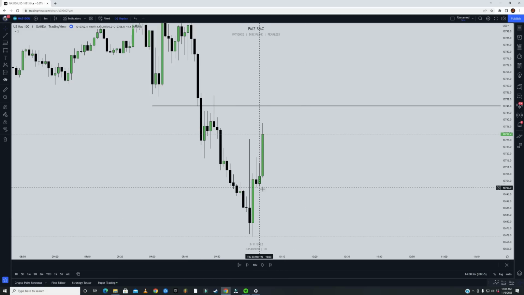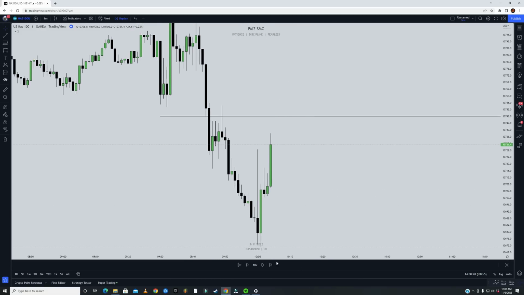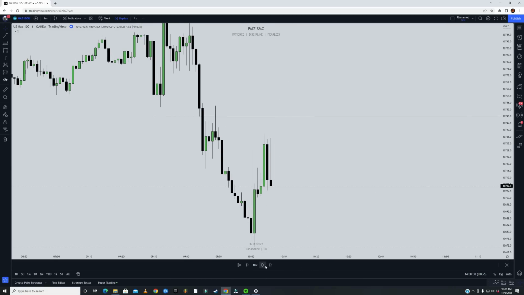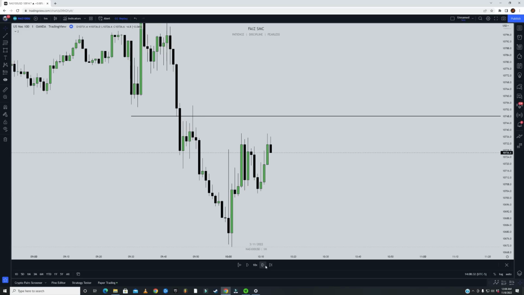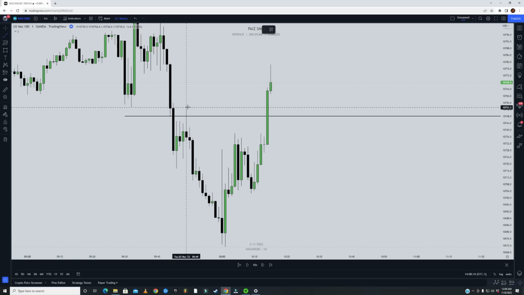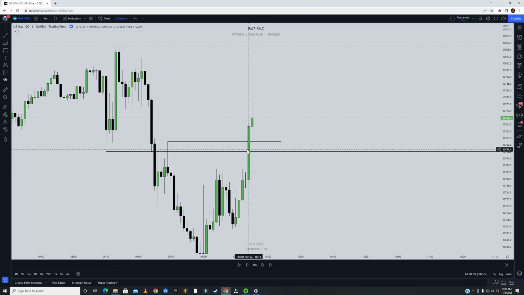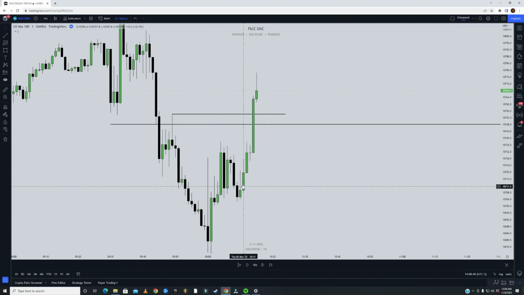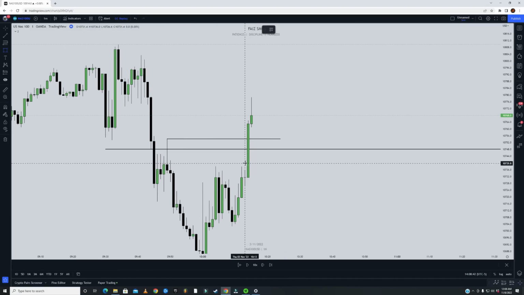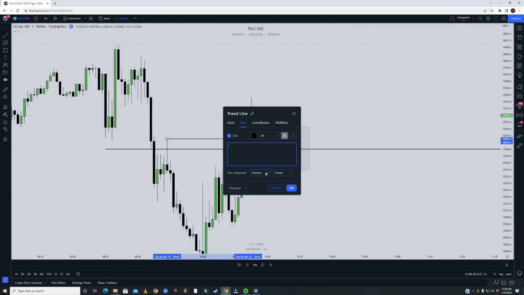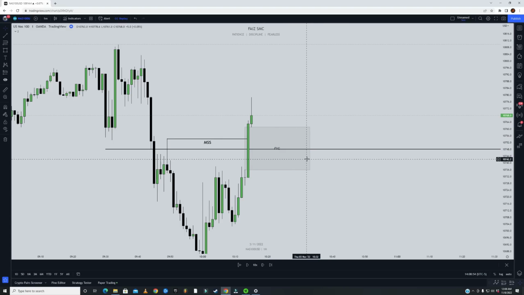We got a shift here, but there is no fair value gap, right? So we wait, and as you can see, price broke through the structure, right? And we have no fair value gap around here, but we have some fair value gap at this level, right? So we got market structure shift, and we got this fair value gap, right?